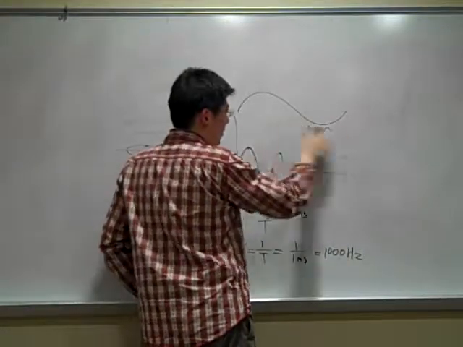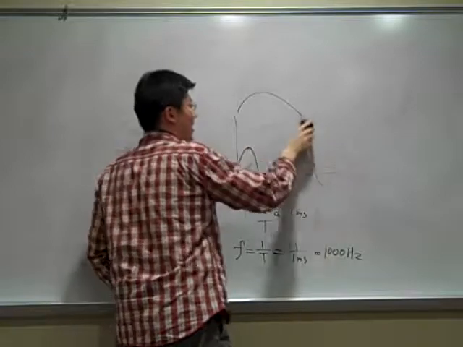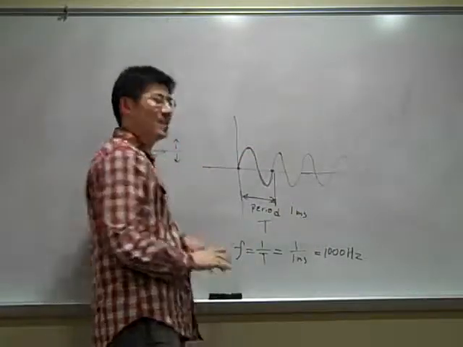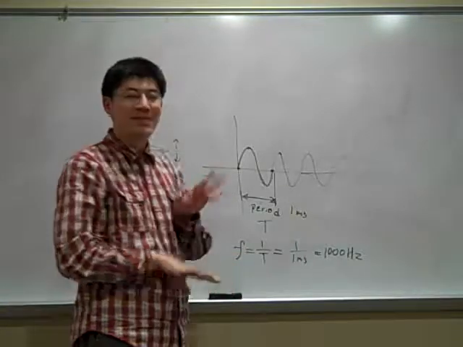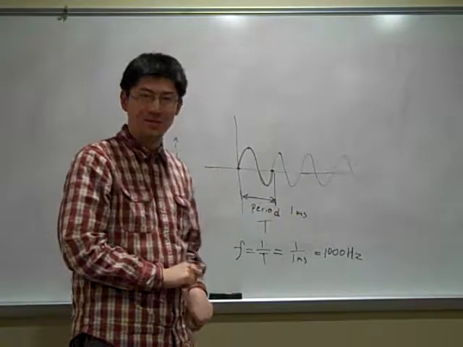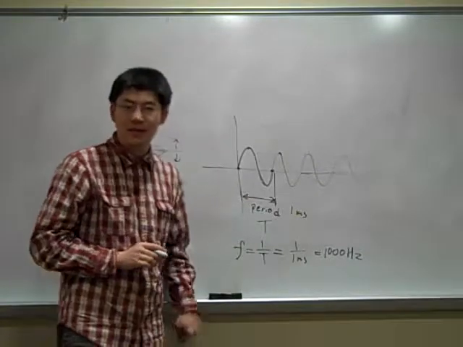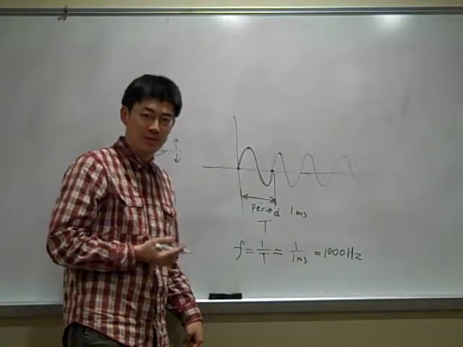Now there's another notion, which is not just the pitch of the sound. Two people can sing exactly the same note, but at different loudness levels. In mathematical terms, that is called the amplitude of the wave.